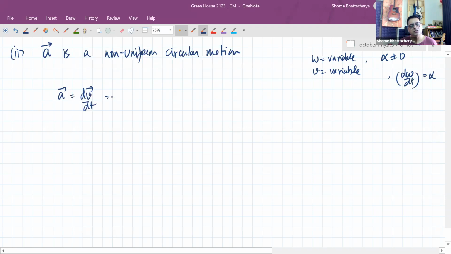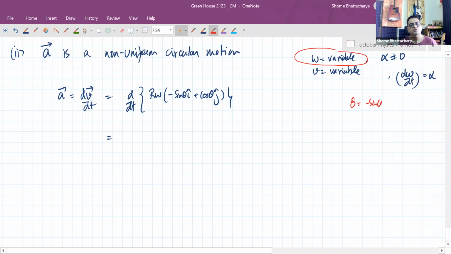Again, acceleration being the rate of change of velocity, it is the rate of change of R omega into the unit vector minus sine theta i cap plus cos theta j cap. This time when we apply the differentiation, we'll have to use the product rule because omega is also variable, and theta cap, which is minus sine theta i cap plus cos theta j cap, is also a variable quantity.